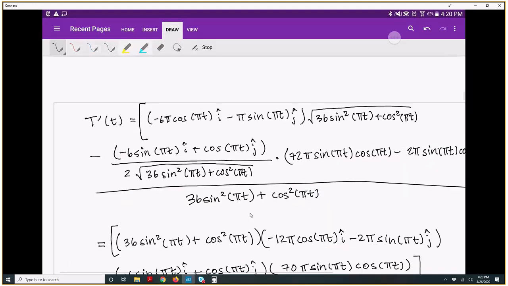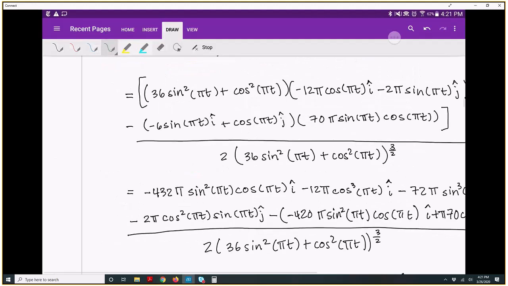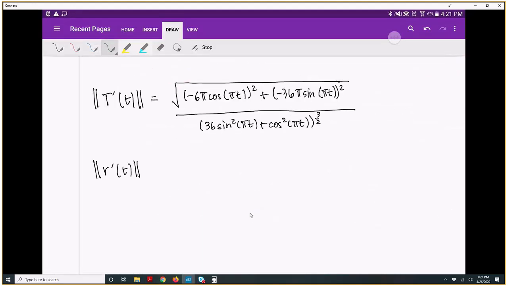Let's see, way back up here, and it was just this, pi times the square root of 36 sine squared of pi t plus cosine squared of pi t.